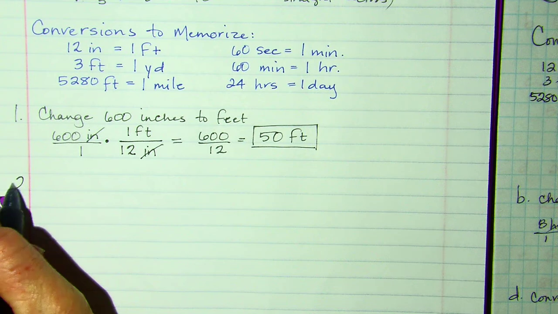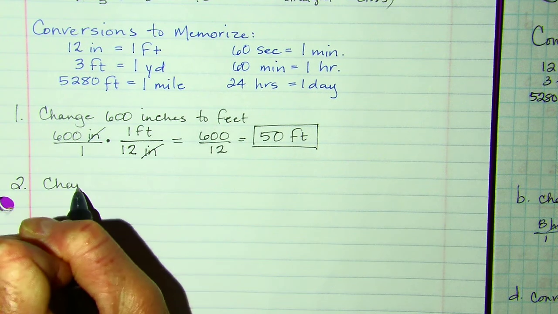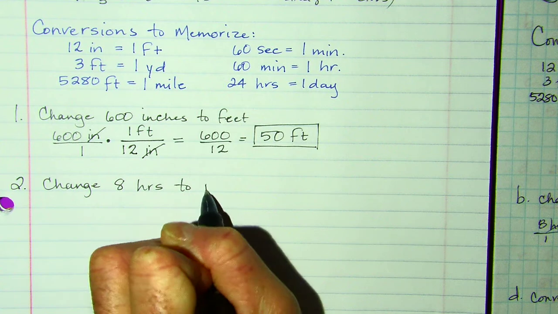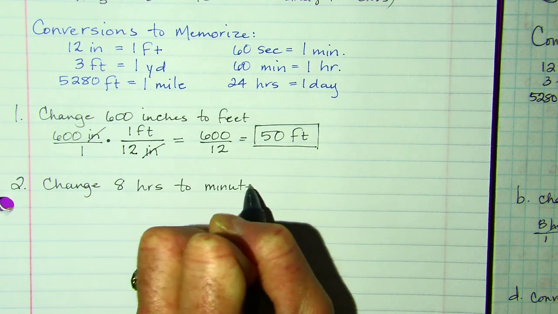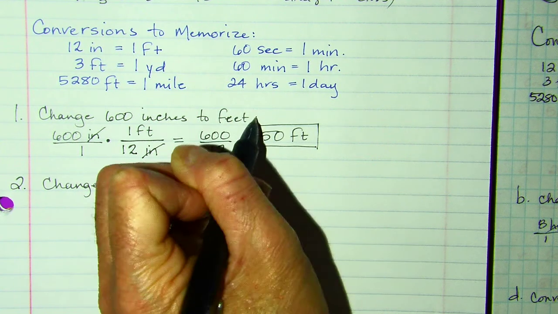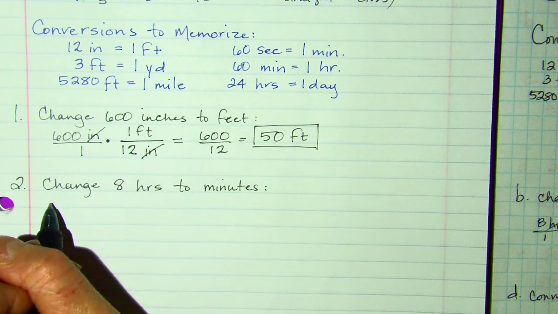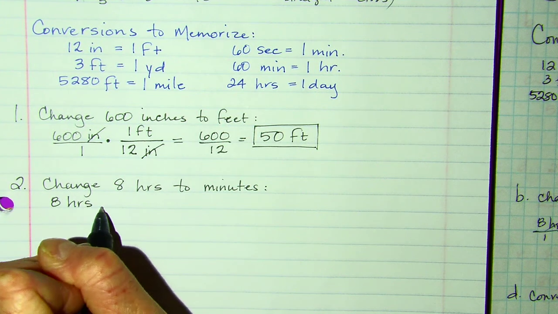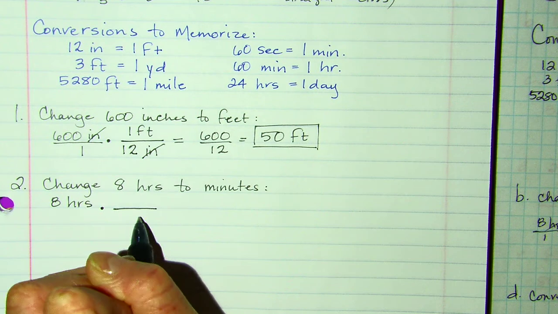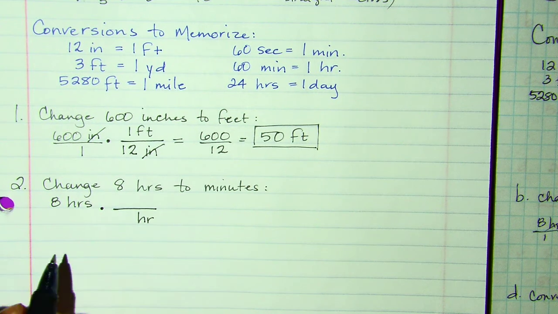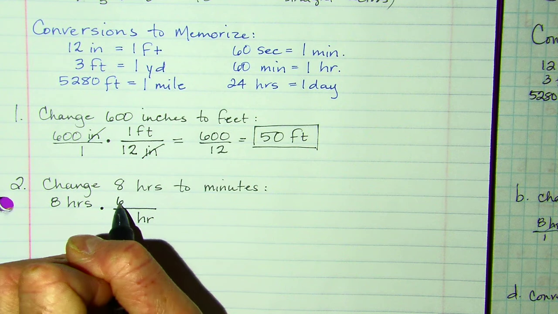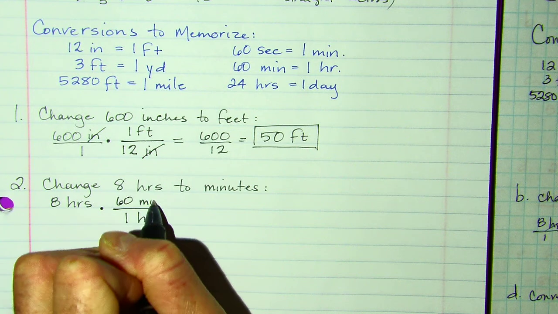Next one, change 8 hours to minutes. Okay, so I always start with what they've given me, 8 hours. Now in order to get hours to cancel, I have to put it down here. So I'm trying to get it to minutes. Well, I know that 1 hour is equal to 60 minutes.